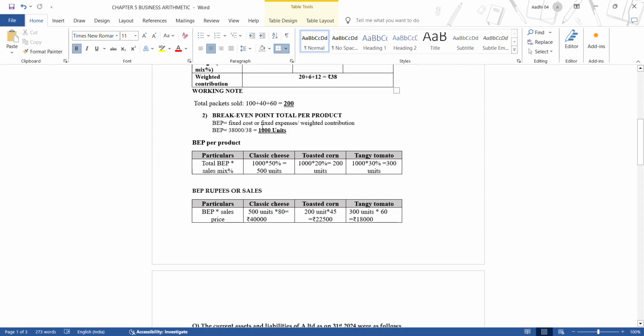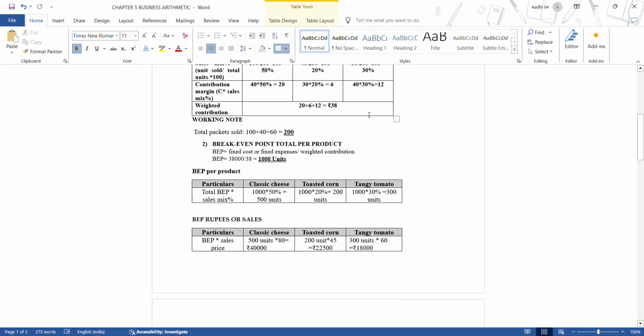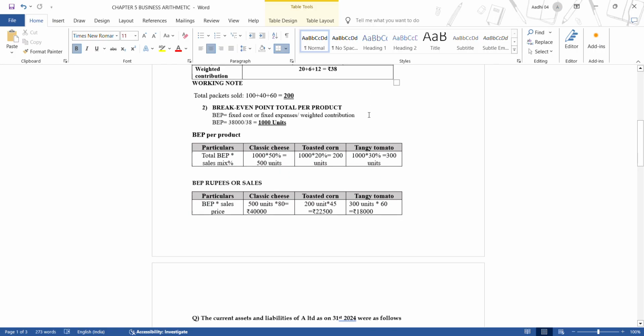Now to find break even point, the formula is fixed cost or fixed expenses divided by weighted contribution. Since we are having multiple products, there are two formulas: one for single product and the other for multiple products. Since we are having multiple products, classic cheese, toasted corn and tangy tomato, we are using the multiple products formula.